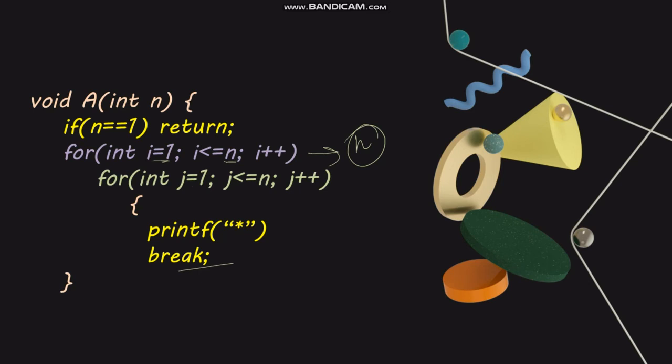So even though it is written as n, it will only work for one iteration, because we are using a break for this for loop. So the running time is 1, and when we calculate the total complexity, we get the value as O of n.